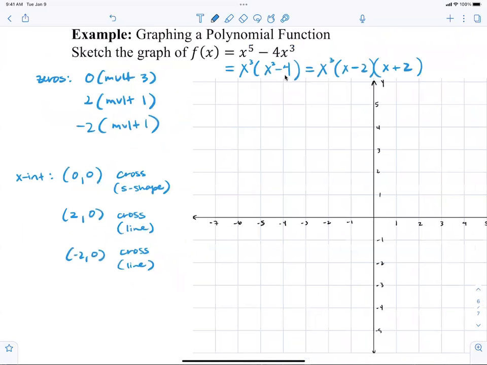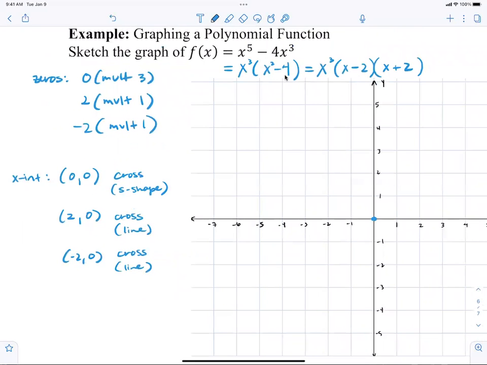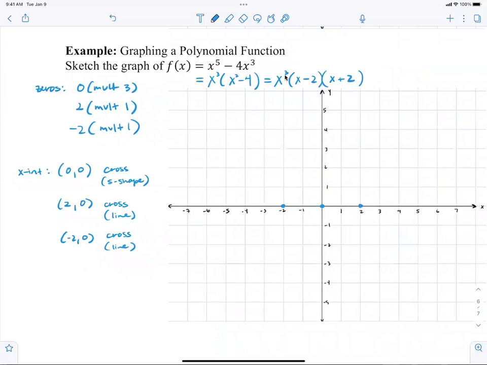So we can plot those points: -2, 0. And now we want to determine end behavior. We're focusing on x to the 5th. So as x approaches -infinity, f of x will approach -infinity.